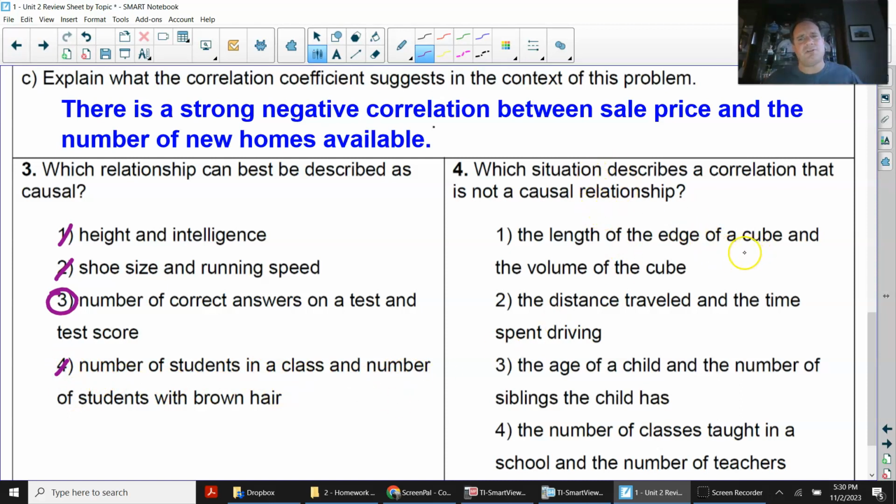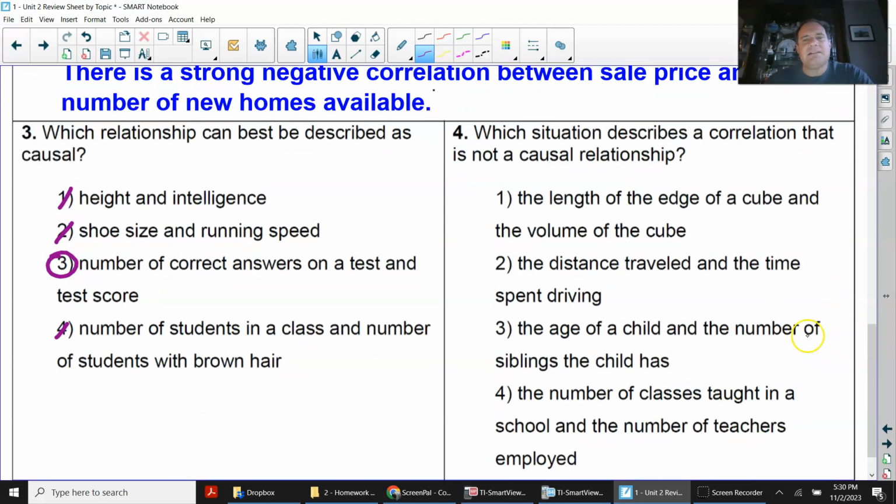Which situation describes a correlation that is not a causal relationship? So you're looking for something that doesn't specifically cause something else to happen. So the length of the edge of a cube and the volume of the cube, that is a definite cause. So that's a causal relationship.